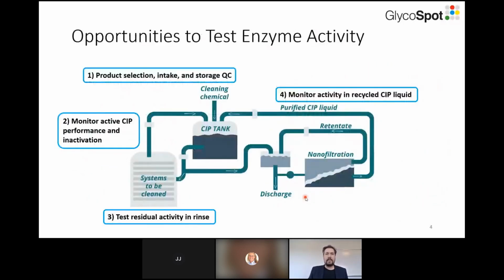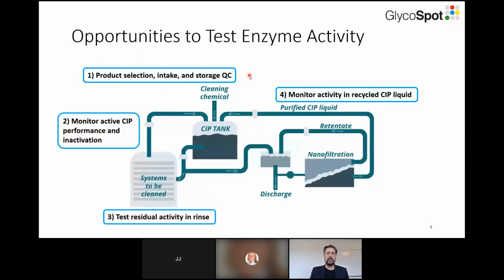So as I mentioned, there are a number of places where it's interesting to test your enzymatic activity. The first place, as I mentioned, is before the product has even entered into your system. It can help to evaluate different competitors' products.